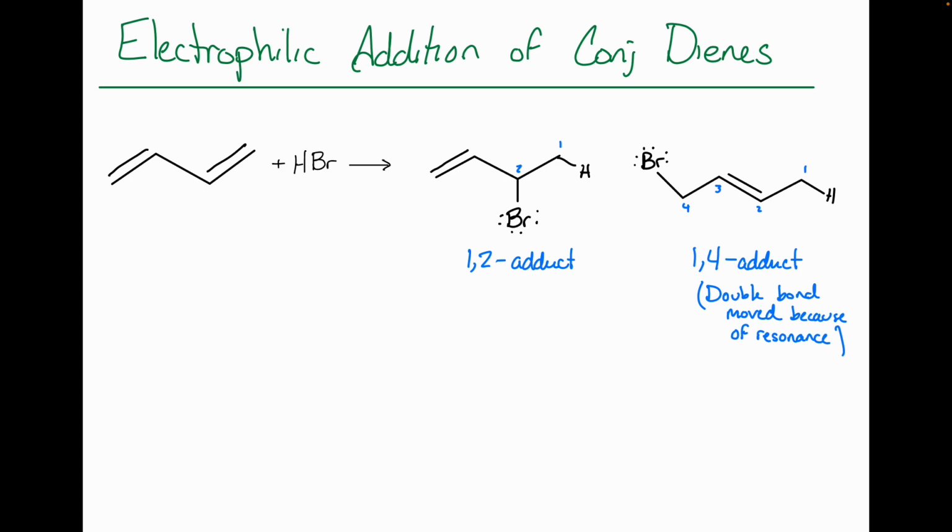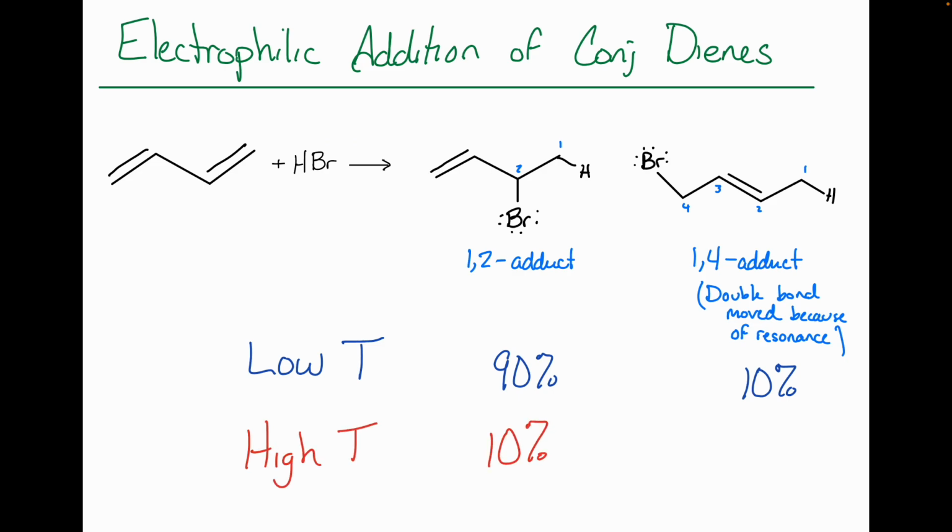All right, so it turns out that we can kind of tune the conditions of our reaction to give us one product over the other one here. If we conduct this reaction at low temperatures, our distribution of products would be like 90% 1,2 and 10% 1,4, where if instead we cranked up the heat, we get the exact reverse.